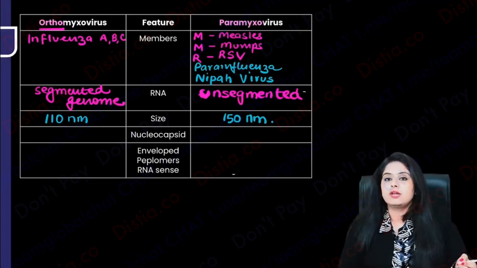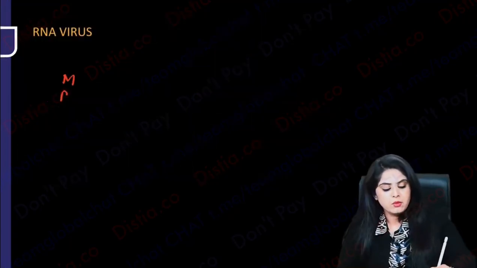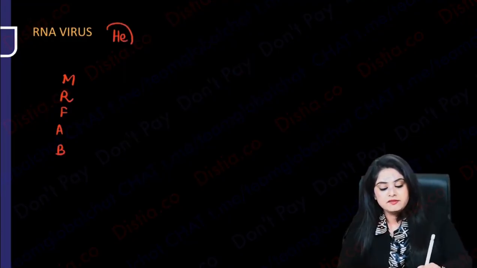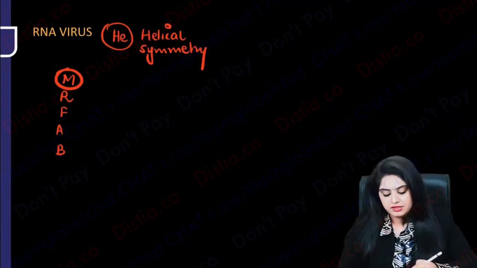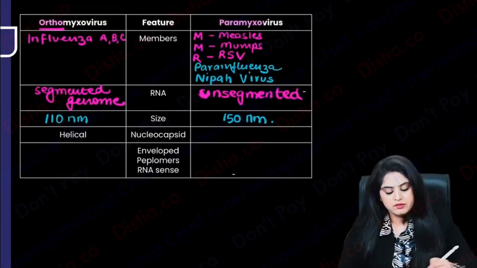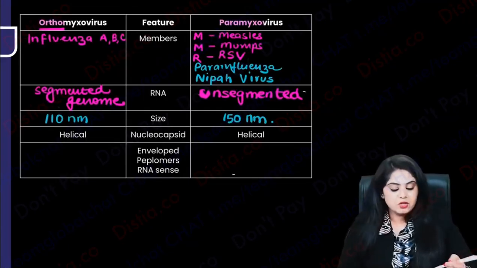Talking about the nucleocapsid, I'll take you back to the general virology. Do you all remember there was a mnemonic called Mr. Fab? Mr. Fab was for helical, and there were a lot of organisms showing a helical symmetry. Just for your revision, M was what? Myxovirus. So if I ask you what is the symmetry that you're going to see over here, we are going to see the helical symmetry in both of them. Talking about the envelope, are they enveloped viruses? Yes.